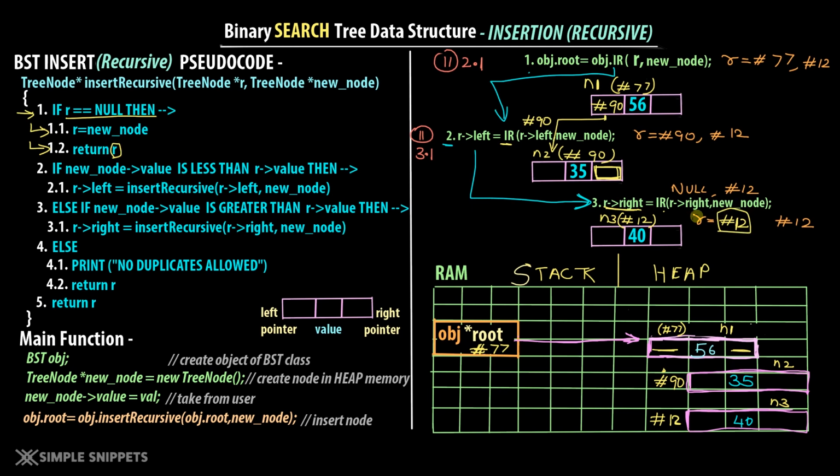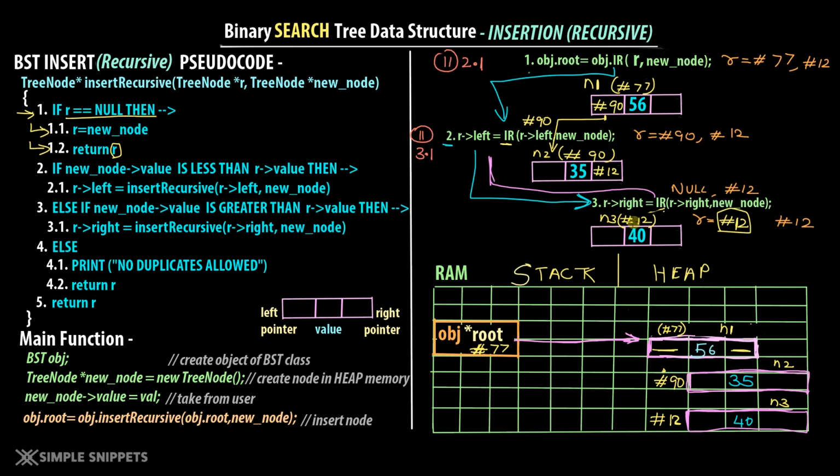So hash 12 will be returned to the R of right of N2. Correct? Because on the left-hand side we have R of right for N2, so that would be stored over here, which means hash 12 will now be stored as the right pointer. So we've returned from the third function call, and in that we have linked N2 and N3.